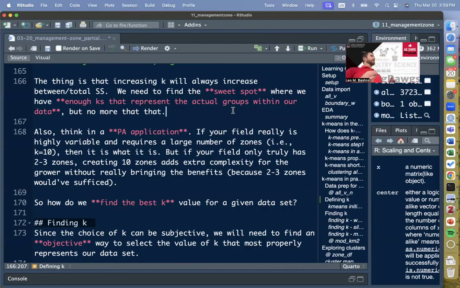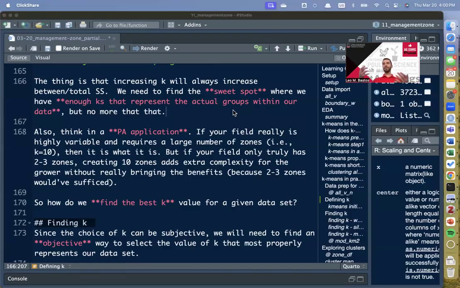So perhaps bringing that to a more applicable conversation. If I tell that grower that they have 10 zones, but really they could get away with 3 only, which one do you think a grower would prefer? It's a lot easier to manage 3 things differently than 10 things differently, right? So if there's not a lot of difference between 3 and 10, you should choose 3.